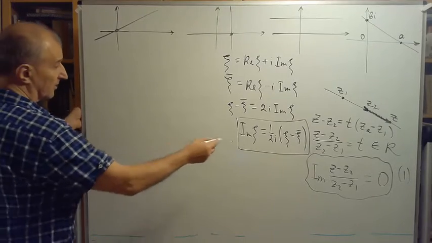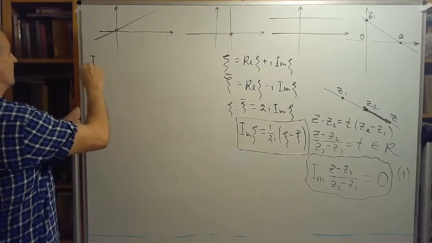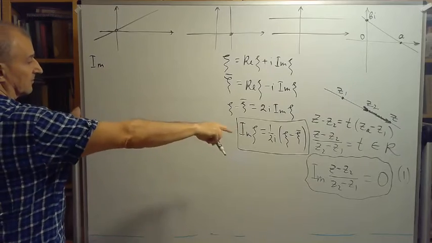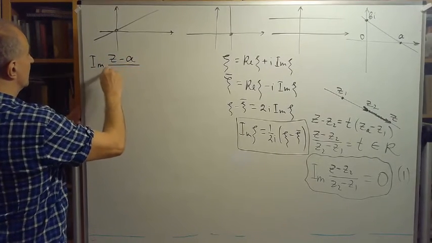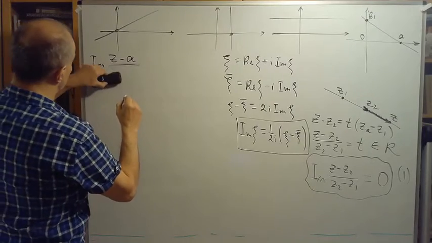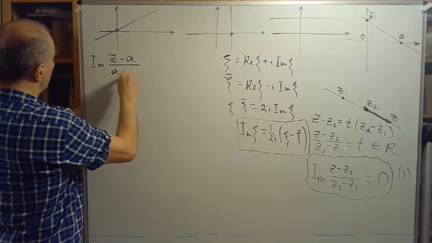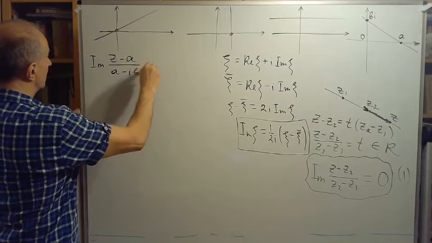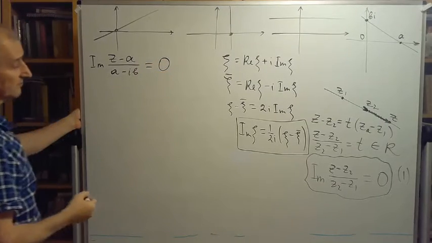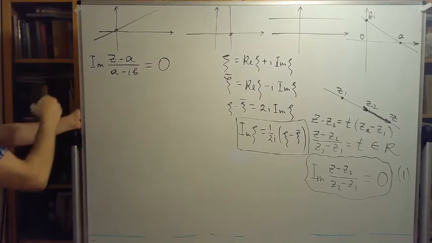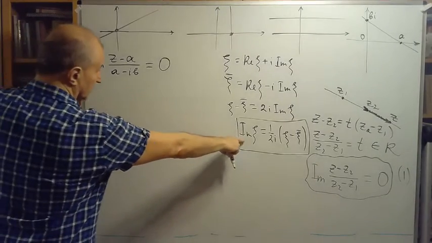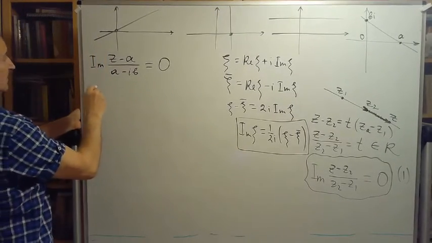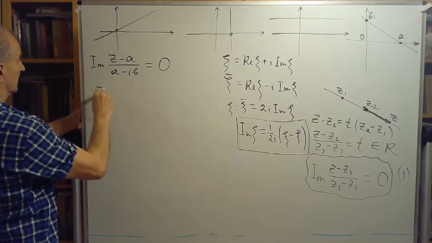So our equation will be, I'm just rewriting equation number 1, the imaginary part of Z minus A over A minus ib equals 0. That will be equation 1 for our case.